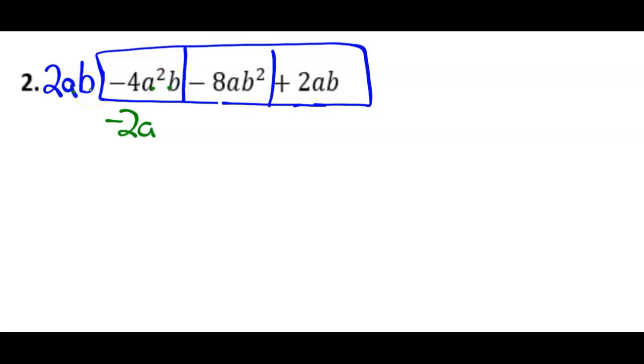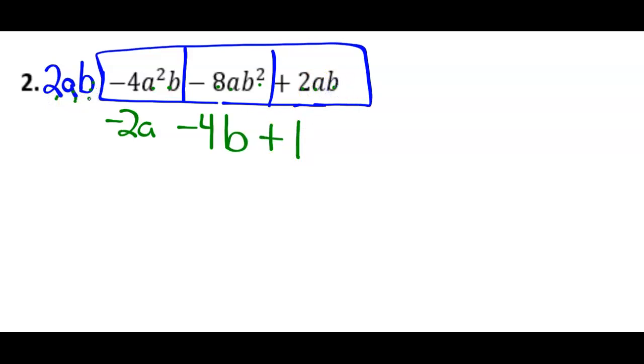Okay? Negative 8 divided by 2 gives me negative 4. My A's are going to cancel. 2 minus 1 is 1, so I have 1B. Okay. My 2 divided by 2 is going to cancel. That'll be 1. My A divided by A will cancel. My B divided by B will cancel.